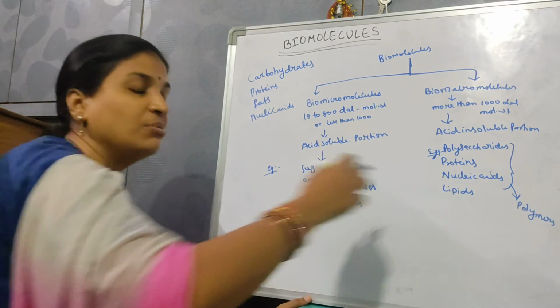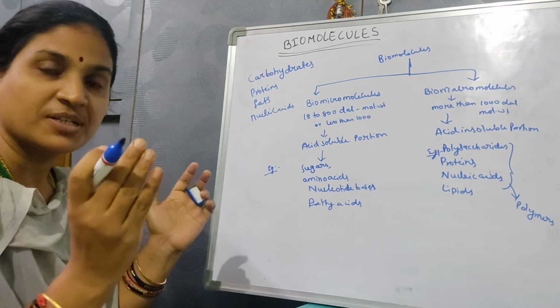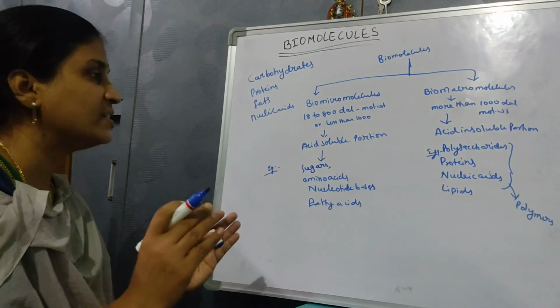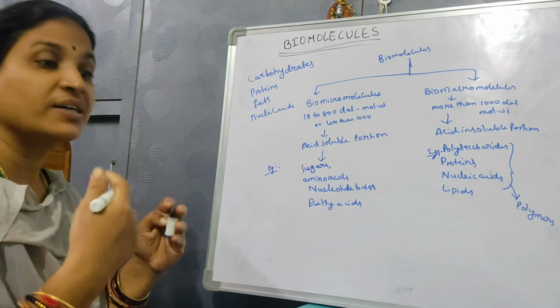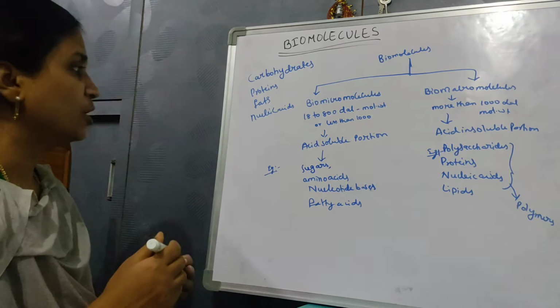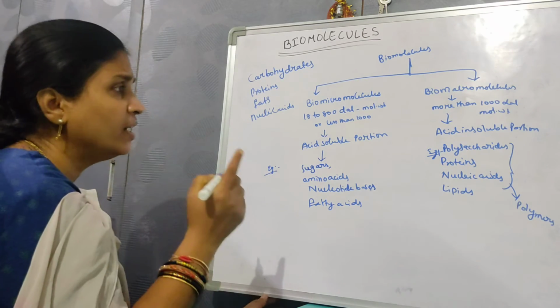Polymers means a group of small substances combined to form a complex substance. So polysaccharides, proteins, and nucleic acids are complex forms of the simple molecules. Okay, so let's study about those things.